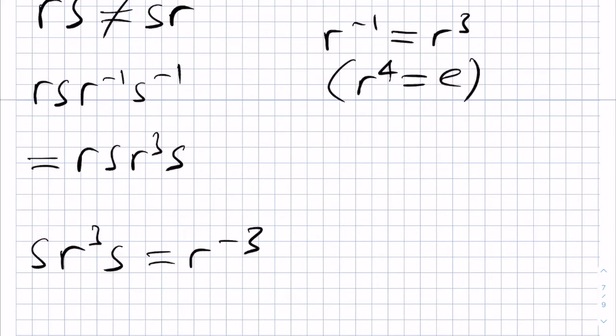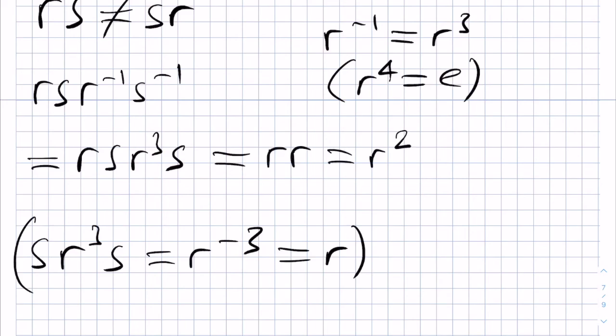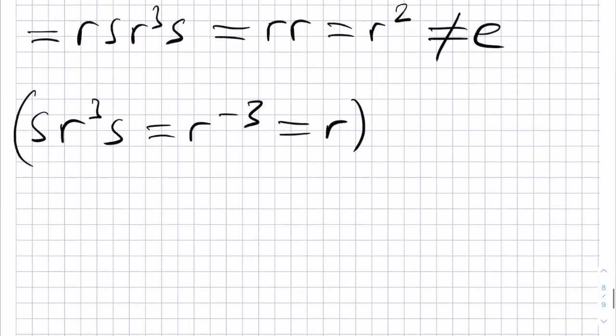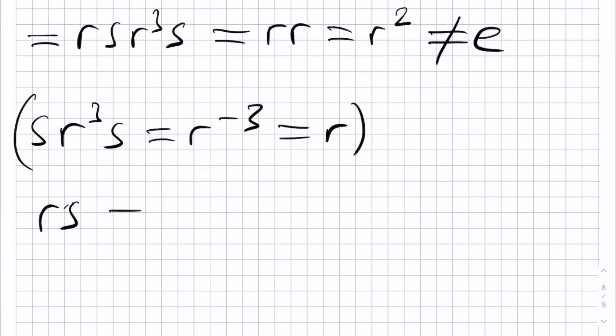In this group, R to the minus 3 is equal to R, again because R to the 4 is equal to E. Hence, this gives us that this is equal to R times R, which is R squared, and in this group, this is not equal to E. Therefore, by moving these things back to the right-hand side, we have that RS is not equal to SR. Therefore, R and S do not commute, which is enough to tell us that D8 is non-abelian.